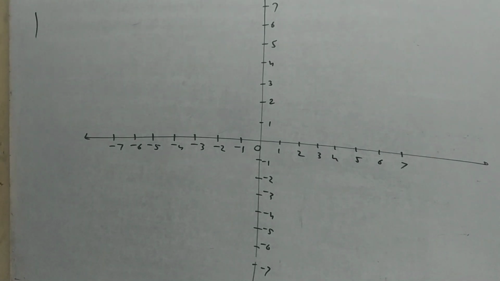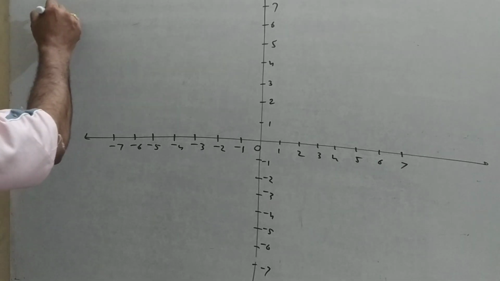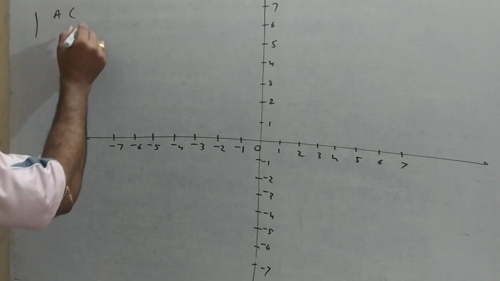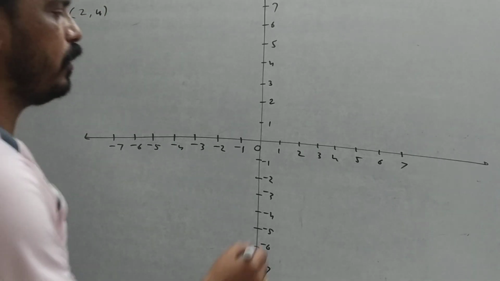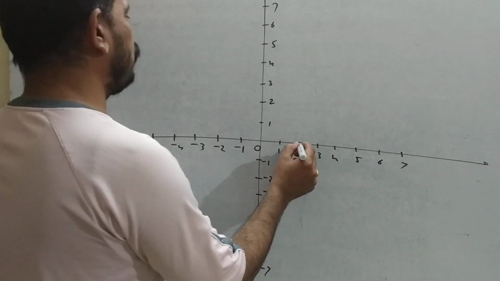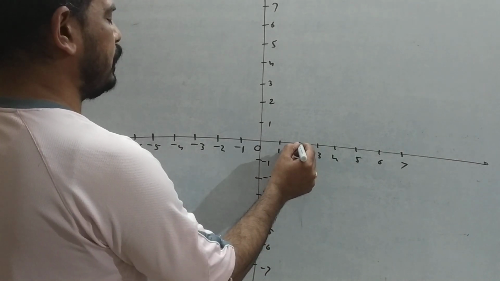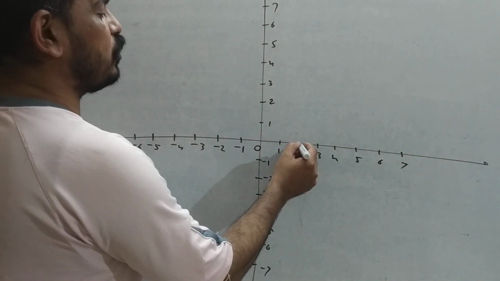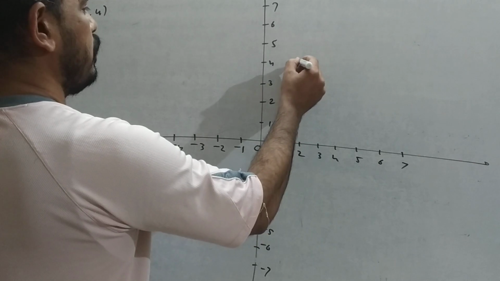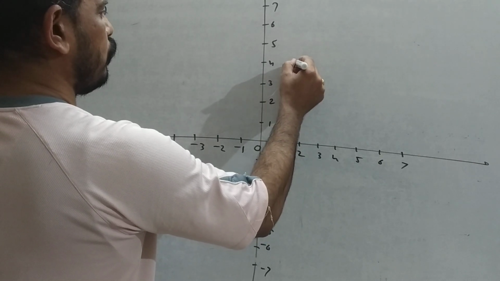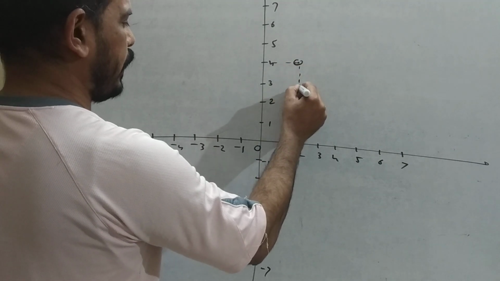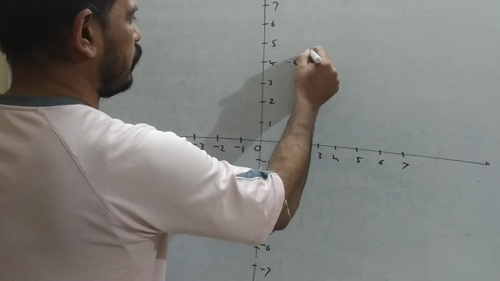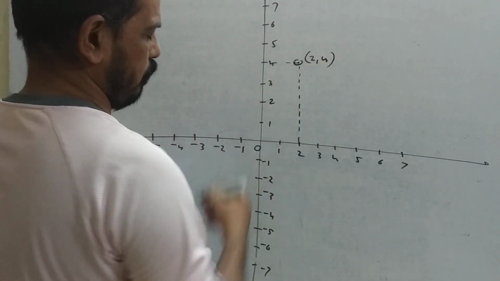Suppose we have a point A equal to (2, 4). Let's see how to plot it. This is the x-axis. First we always take the x coordinate and then the y coordinate. In the rectangular coordinate system, this is called (2, 4).